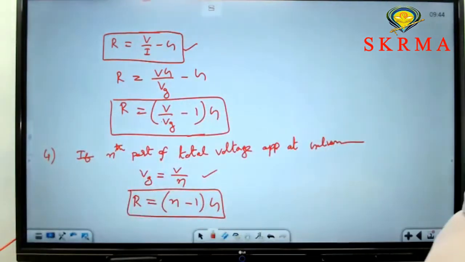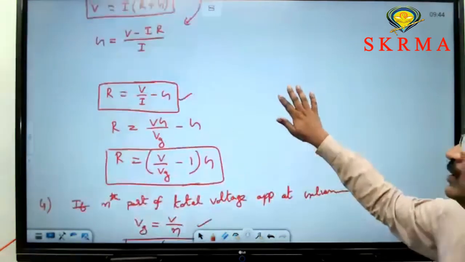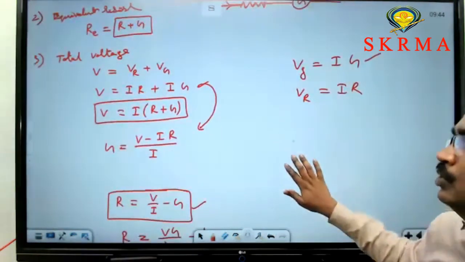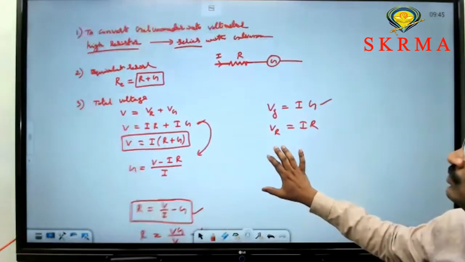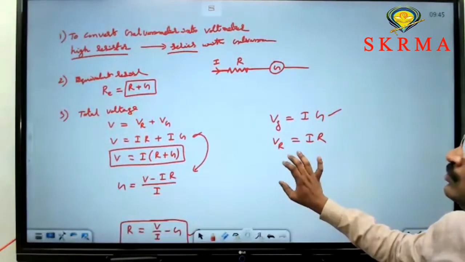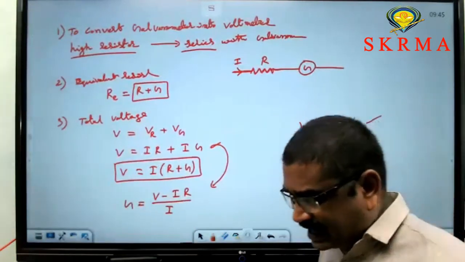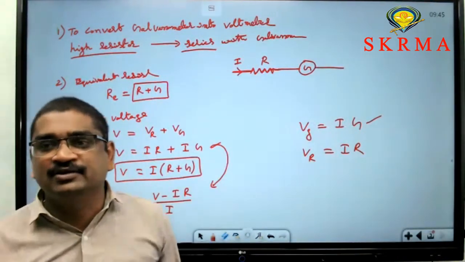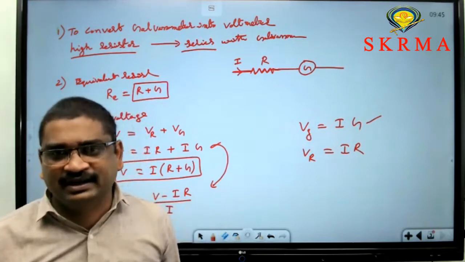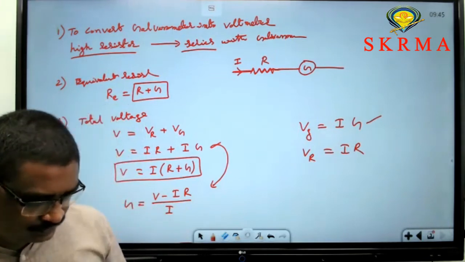Now, what is the main criterion? To convert a galvanometer into a voltmeter, what do we need to do? We need to connect a high resistance or a small resistor, a higher one or a smaller one?